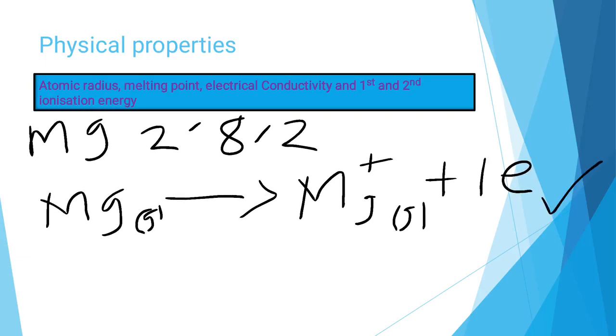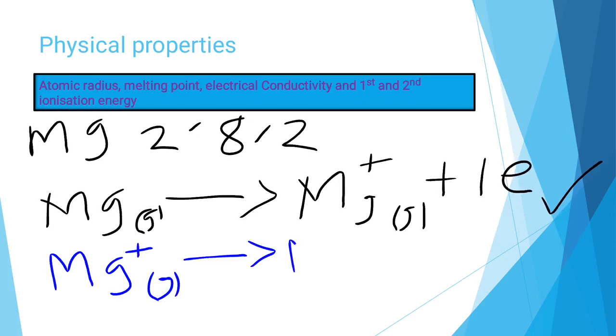Then we have the second ionization energy, whereby now the ion that we have here will lose the second electron like this. We have magnesium again, but in this case it has a positive charge and it is still in gaseous state, giving us magnesium.